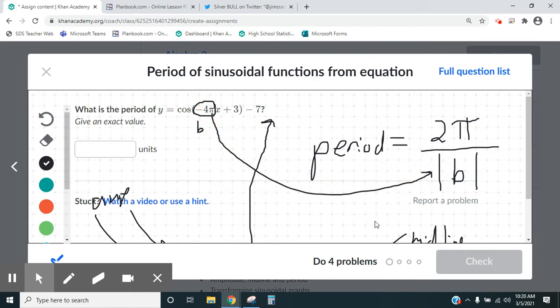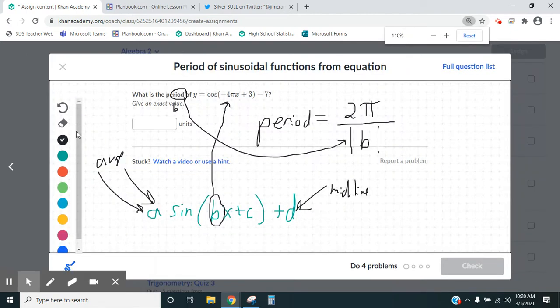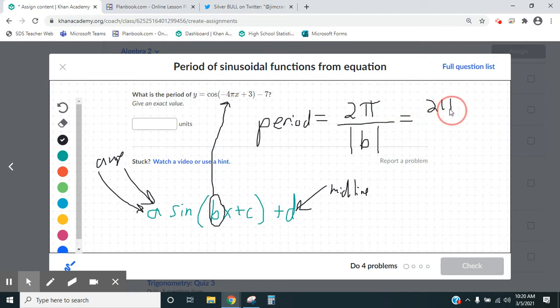All right, so let me zoom back out, undo some stuff. Our formula for this problem would look like this: 2 pi divided by 4 pi. Yeah, we're going to make it positive. See that? Now, these fractions always freak people out, and it's part of the reason why you might be struggling on some of the ones from the graph too, right?